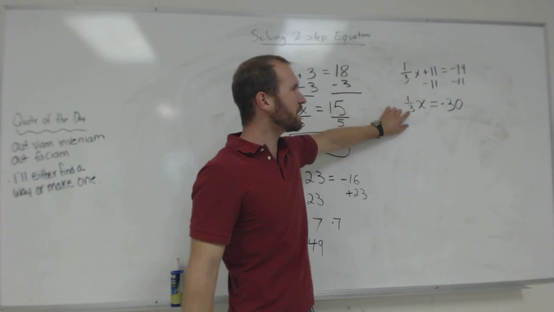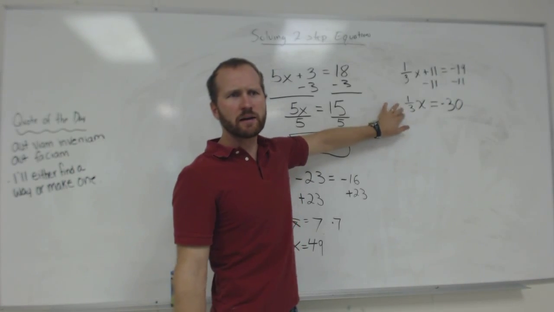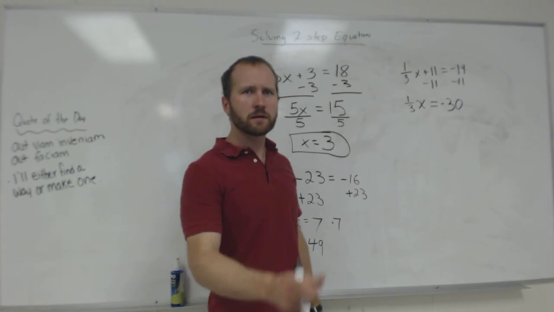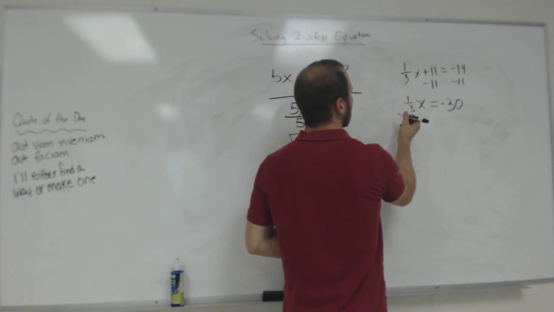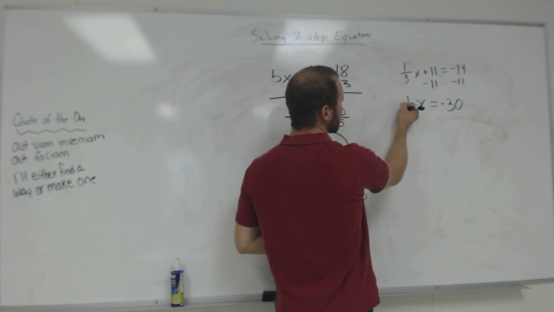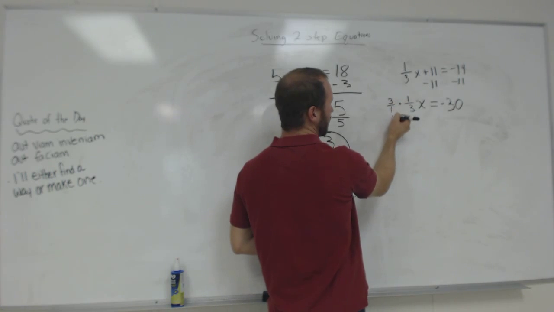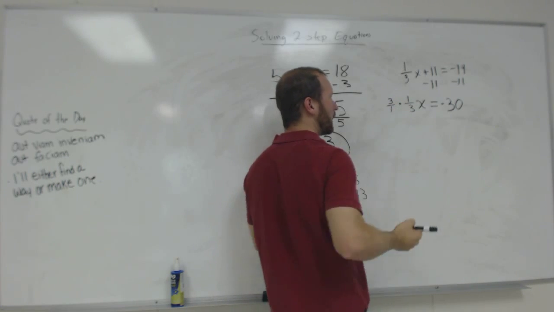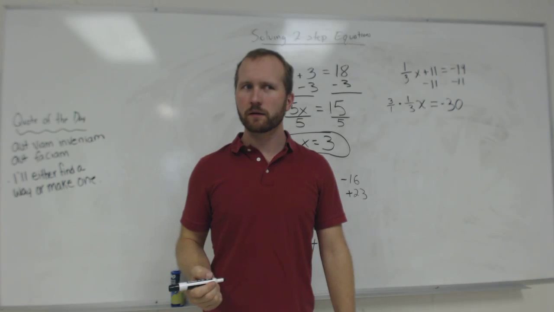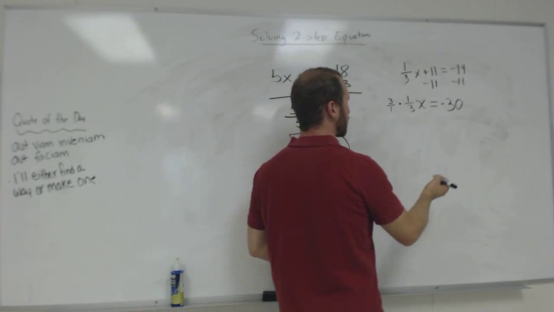Oh, but there's still something in the way of x. How do I get rid of that? Yeah. Divide by 1/3, which is the same thing as multiplying by 3 over 1. What number is 3 over 1? The same thing. It's just 3.